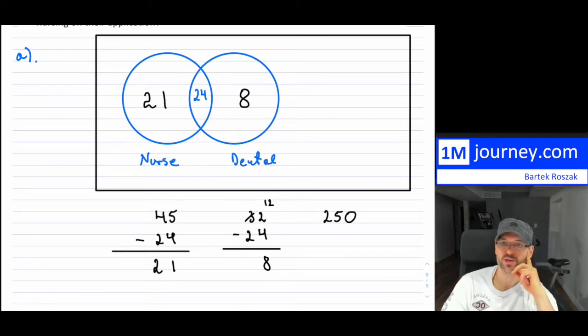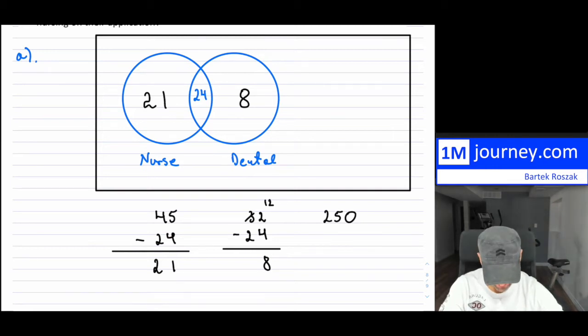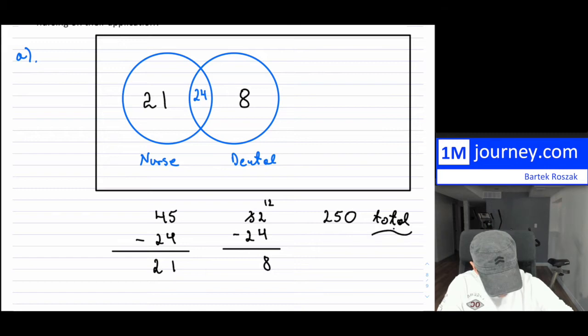Then, of course, if we wanted to find out how many students haven't applied to nursing or dental at all, we could subtract and fill that in. Those were the pieces of information given to us in this problem.